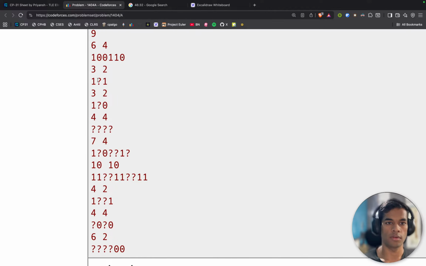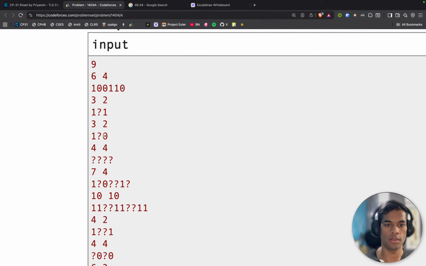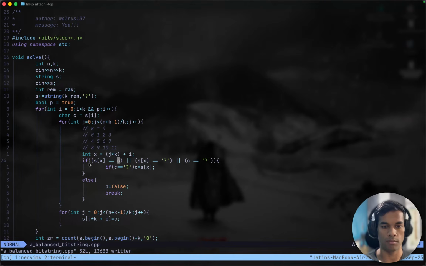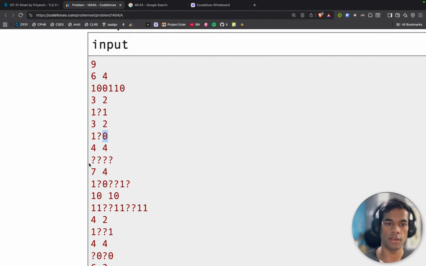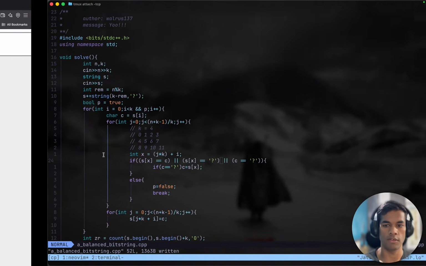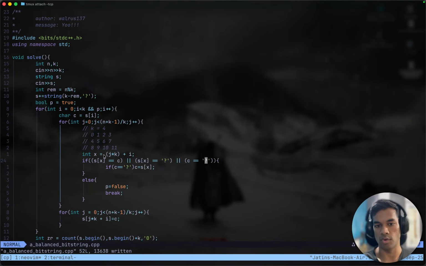Is s2 equal to c? No, it is not, because c is 1 and s2 is 0, so that is false. Is sx equal to question mark? No, it is equal to 0. Is c equal to question mark? No, so we should be doing p equal to false.